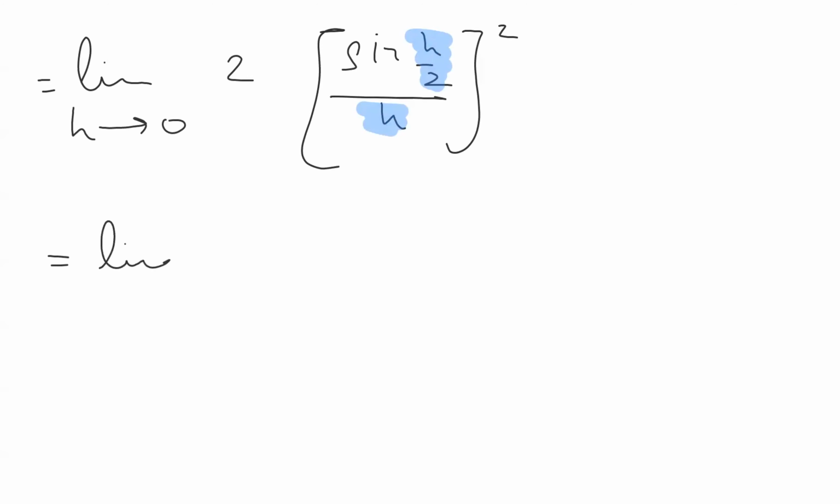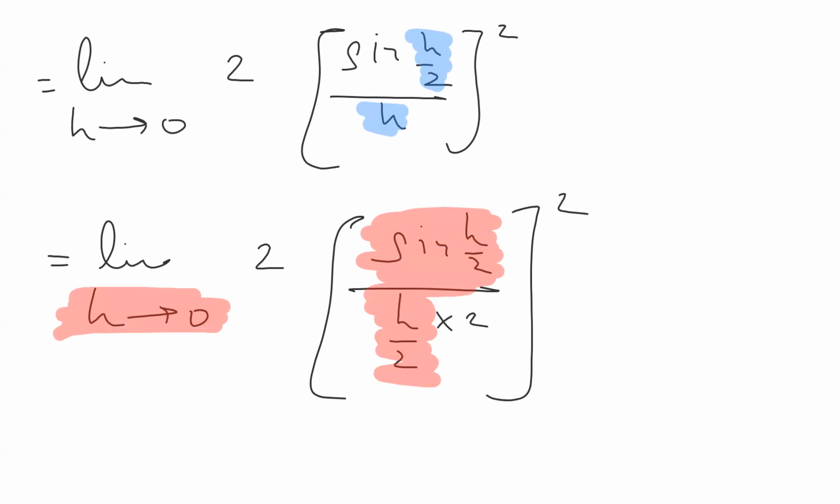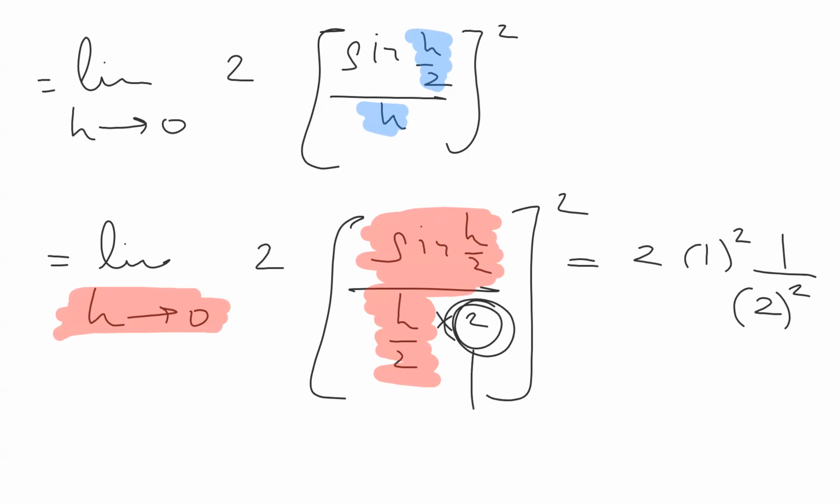Limit h approaching 0, 2 into sine h by 2 upon h by 2 into 2, the whole square. Sine h by 2 upon h by 2, as h approaches 0, will give you 1 as per the formula. So 2 into 1 square upon 2 square, which is equal to 1 upon 2. The answer.